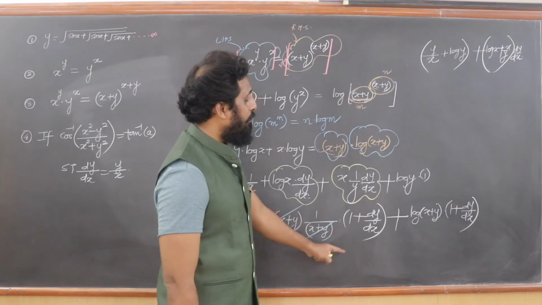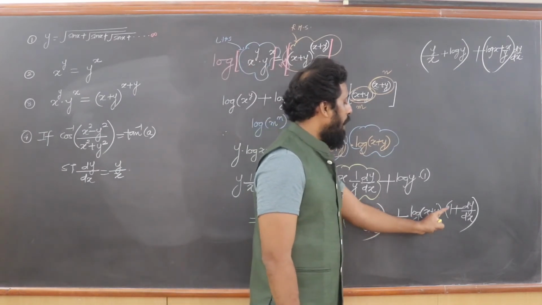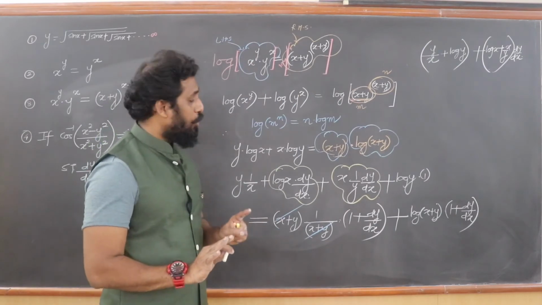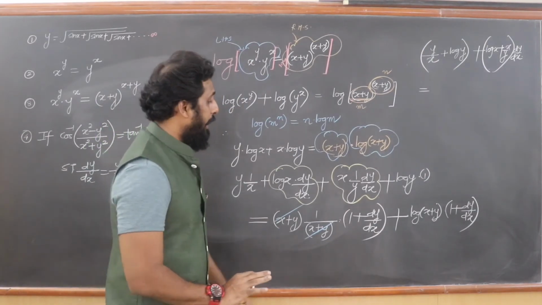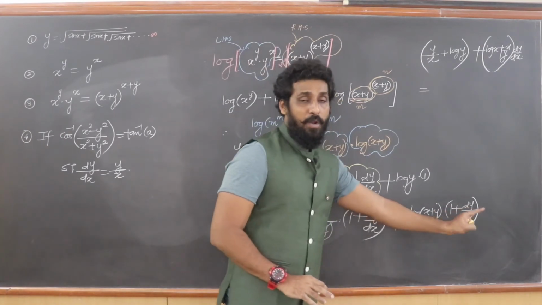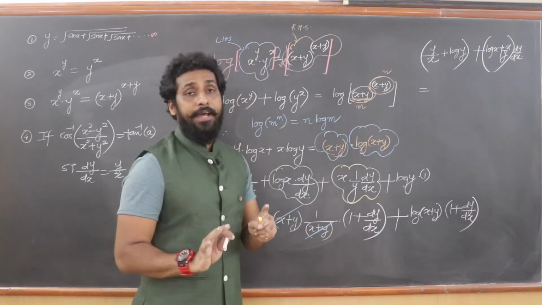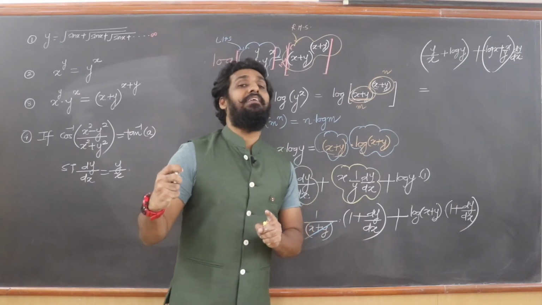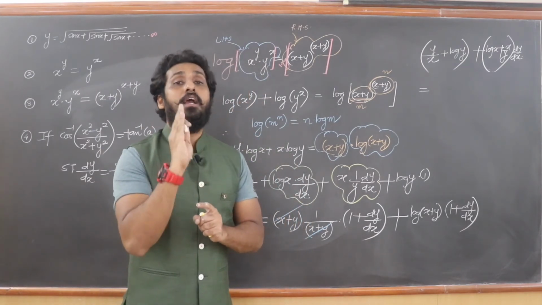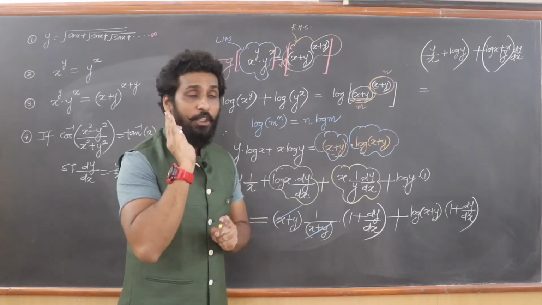So there is 1 plus dy by dx, then again log of x plus y, 1 plus dy by dx. You can definitely take out 1 plus dy by dx common. Now what you can do here is you can directly take out 1 plus dy by dx outside, but that won't help you because you have to collect all terms of dy by dx together, isn't it?